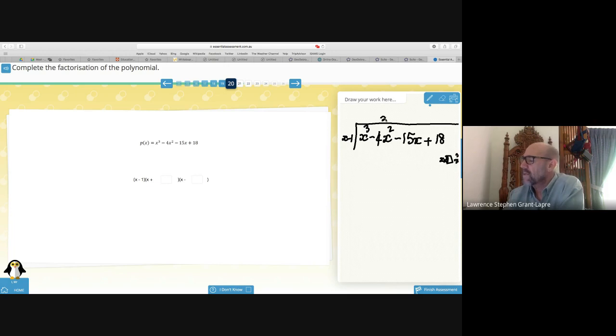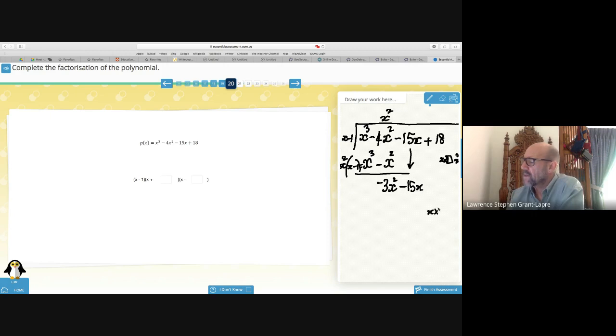That's going to be x squared. And we multiply by x squared. So that becomes x cubed minus x squared. We subtract: x cubed minus x cubed is 0. Negative 4x squared minus negative x squared is negative 3x squared. And bring that down.